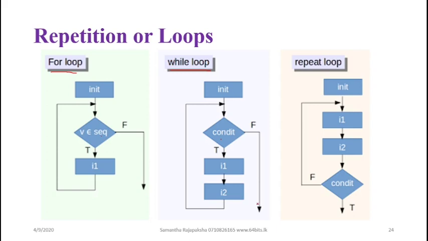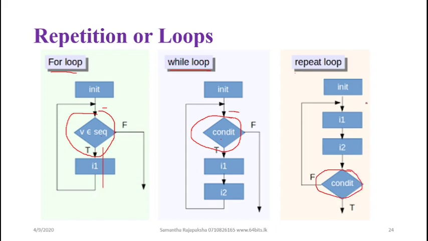But the repeat loop flowchart is different. What's the difference? In the first, the condition is tested at the beginning. Before we start the program code, we test it, and only if it is true, it runs. But here there is no such testing. Your condition is tested at the bottom.